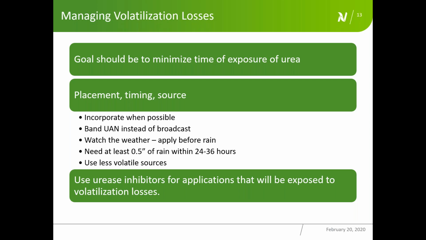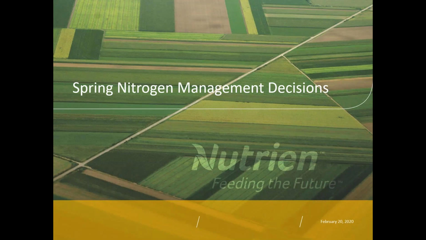In that way, we can greatly reduce those losses. It gives us some additional time to get rain or mechanical incorporation to get it into the soil. Basically, the inhibitors slow the conversion of urea to ammonia, and therefore reduce the loss. So that's generally a good practice.